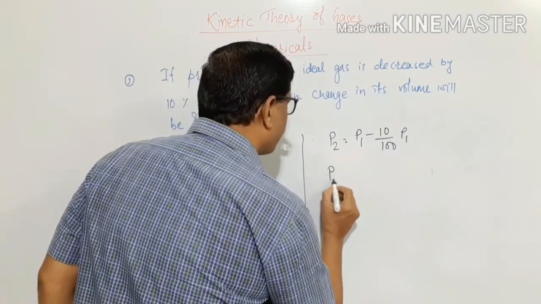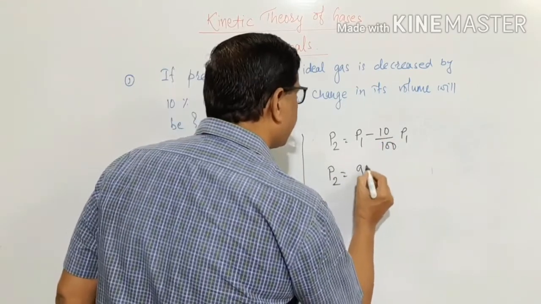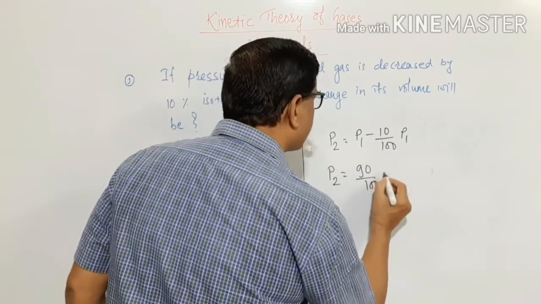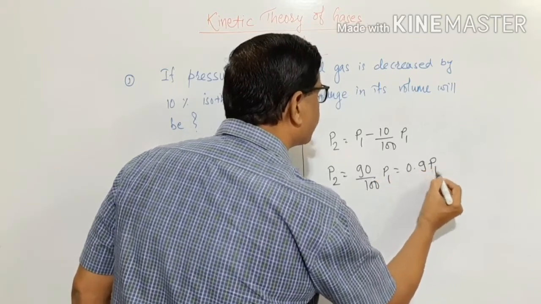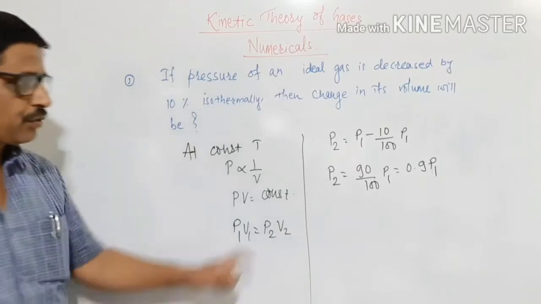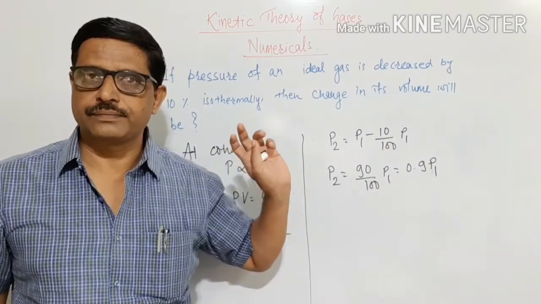Therefore, the final pressure will be 100 minus 10, 90 divided by 100 P1, and it should be equal to 0.9 P1. Therefore, final pressure P2 is 0.9 times P1.